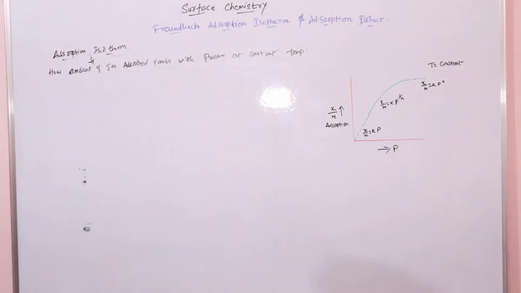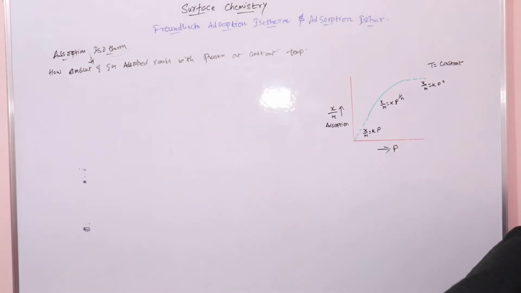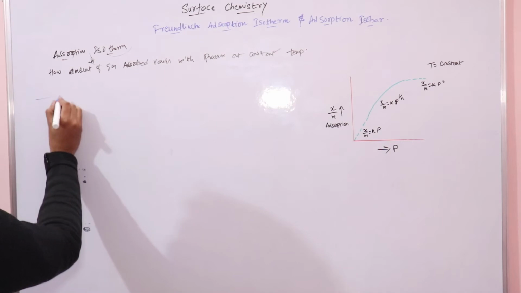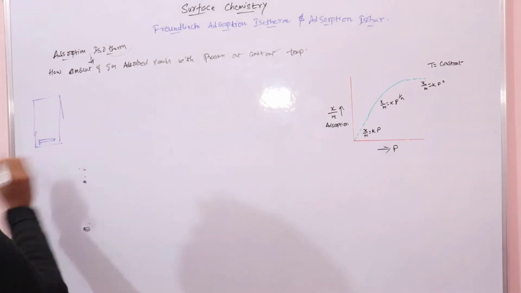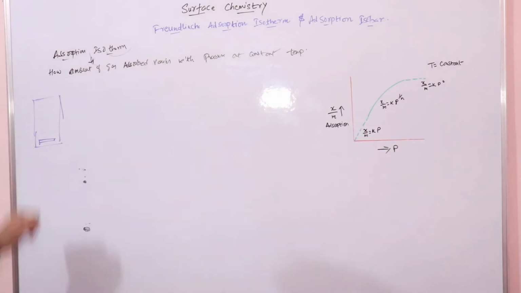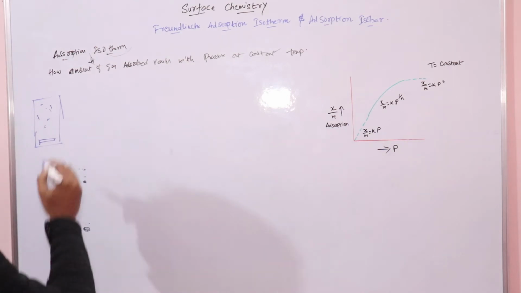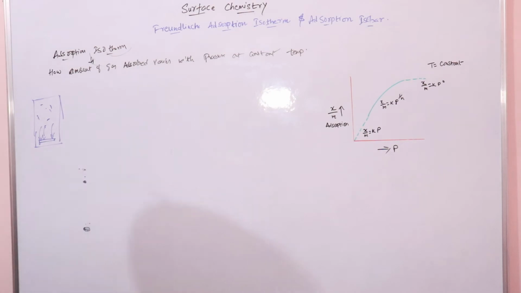So we are familiar with the process of adsorption, how the process of adsorption exactly takes place, right? And we know that if you take a closed vessel, and you have a solid surface in this closed vessel and you have a gas inside it, then this solid surface will start adsorbing this gas, right?